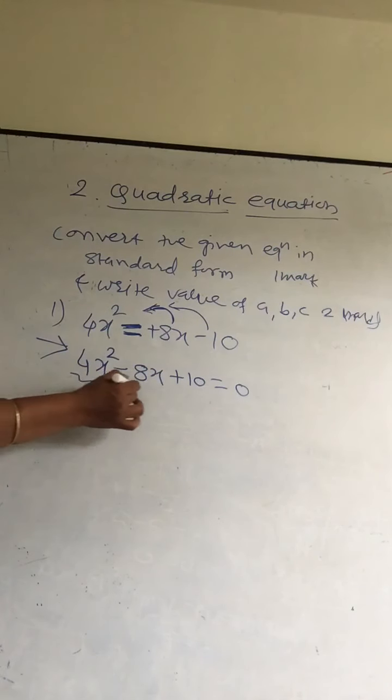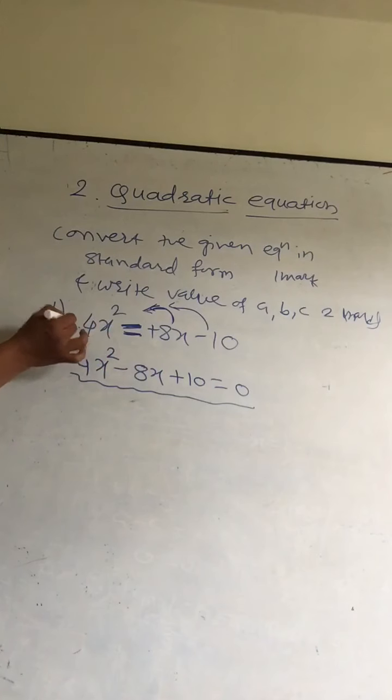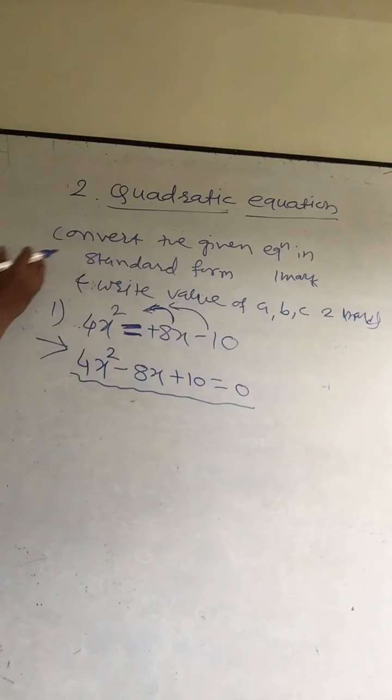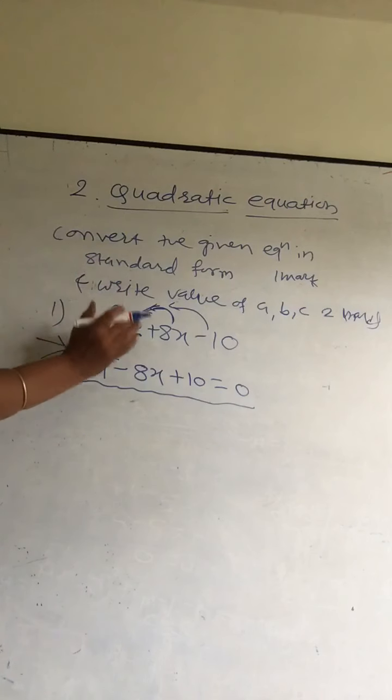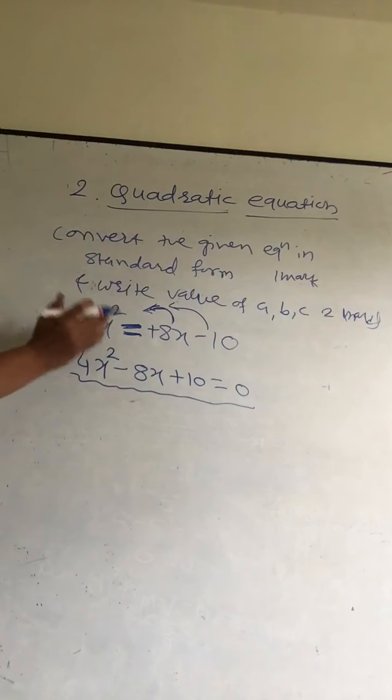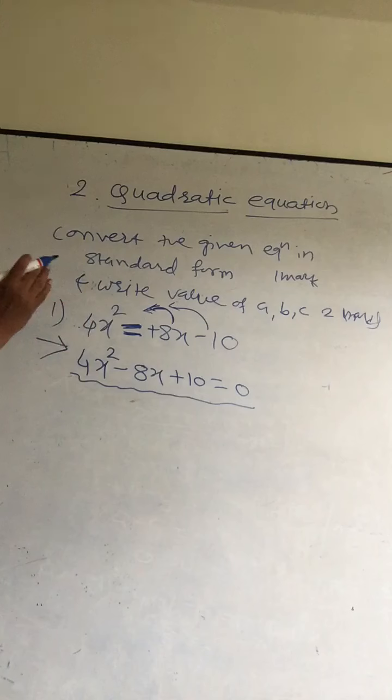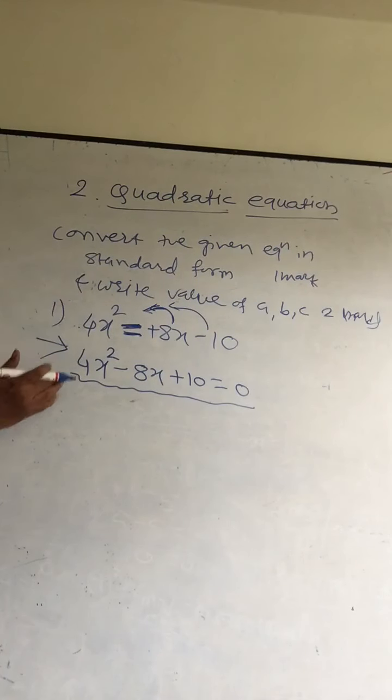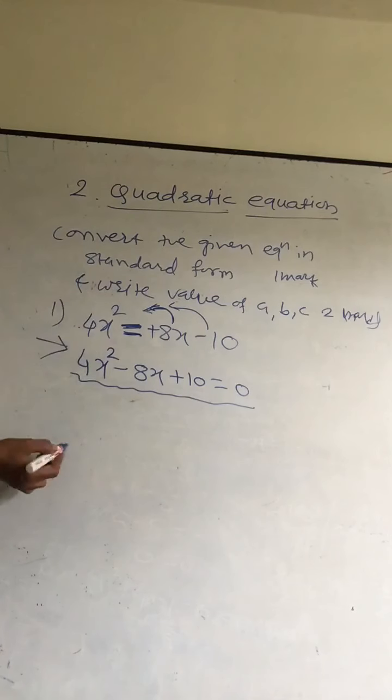So this is the standard form of this given equation. All the terms shifted to left side. When shifted, plus becomes minus, minus becomes plus, multiplication becomes division, and division becomes multiplication.